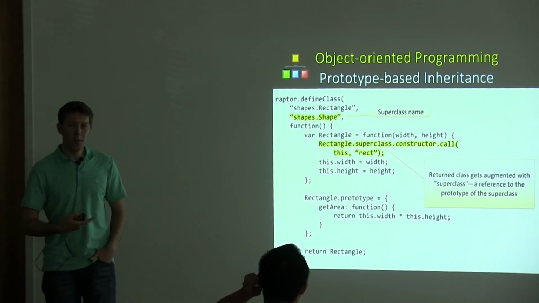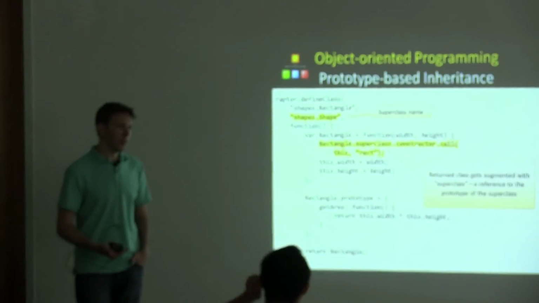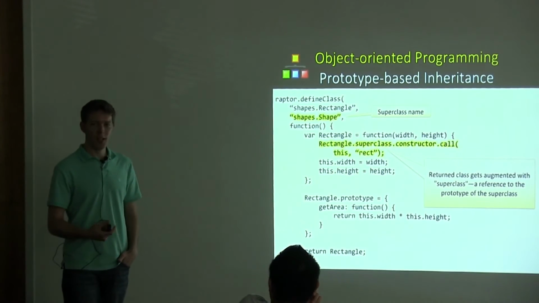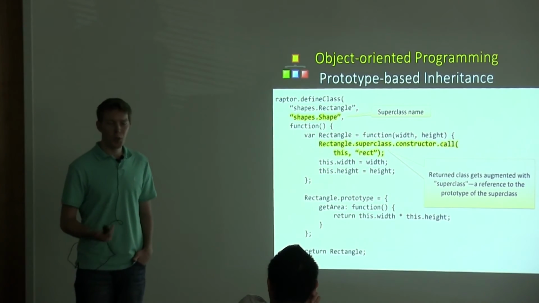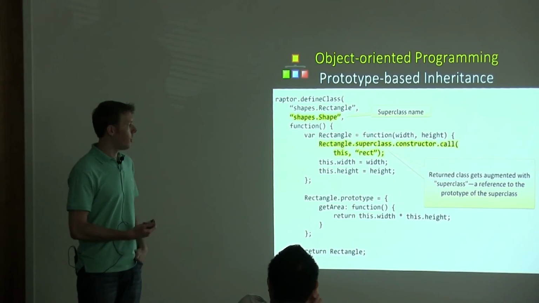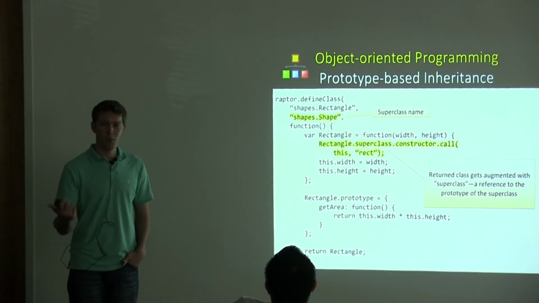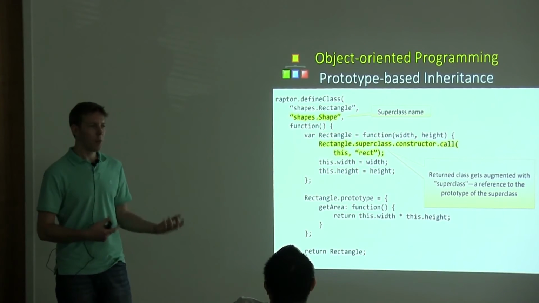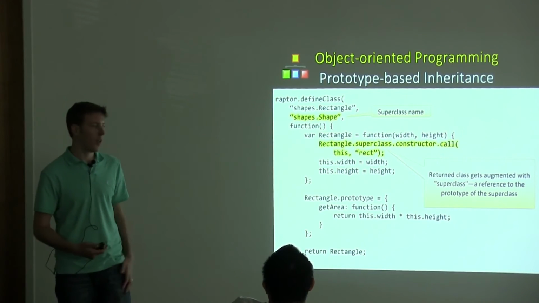This is an example of how you do prototype-based inheritance. It's basically the same thing as before. The only difference is that there's a second parameter, which is the superclass name, and the framework will automatically set up the prototype inheritance so that the class prototype inherits from the superclass's prototype.